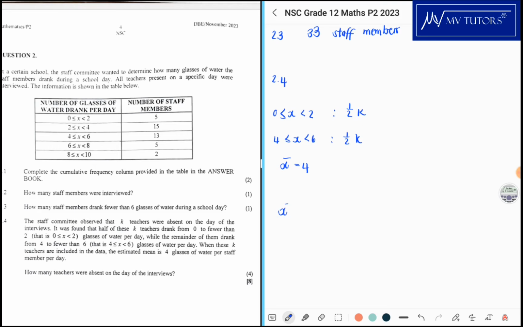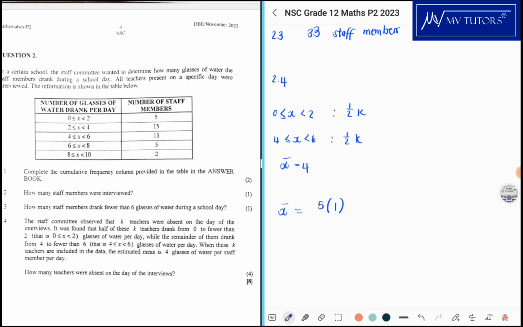So the mean would be equal to, so you have your number of staff. You just take your 5 and then multiply by the median of the information that's given. So between 0 and 2, you get 1. And you continue calculating. But remember, between 0 and 2, there were half K teachers that were absent.